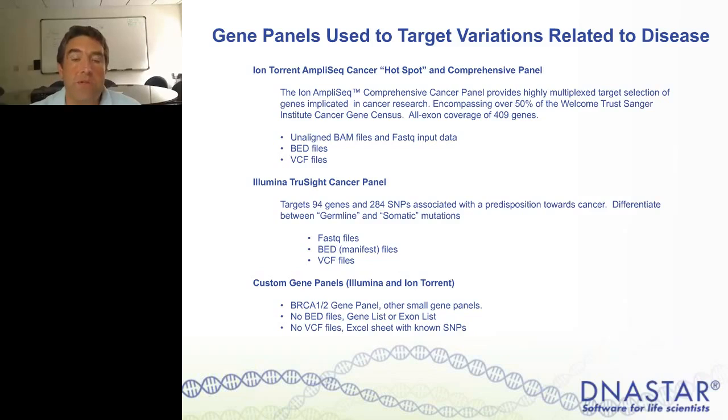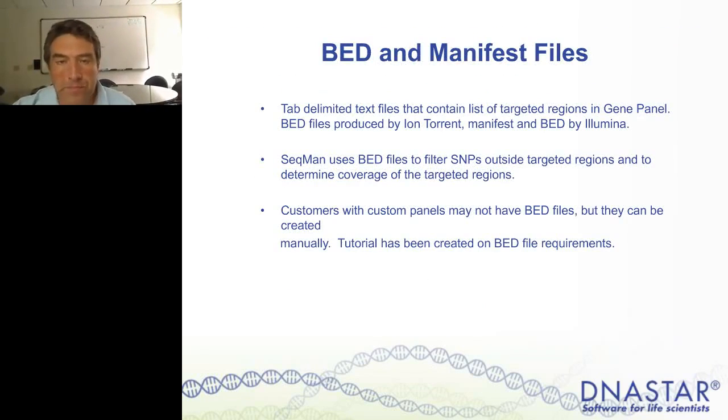Of course, the commercial vendors will supply these files with their data sets, so you can download them. But there's lots of folks that have custom panels. They may or may not have a bed file or a VCF file. You may just have the SNPs in a text format. In that case, some minor formatting of a text file can get it into a format that is compatible with our software. So I'm going to talk about the bed file and VCF in a little bit more detail here.